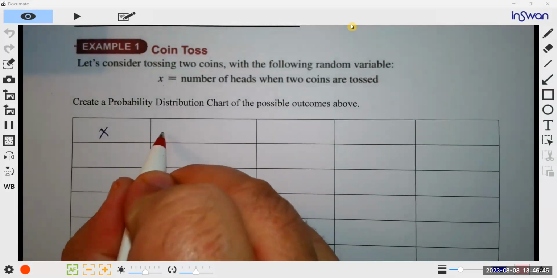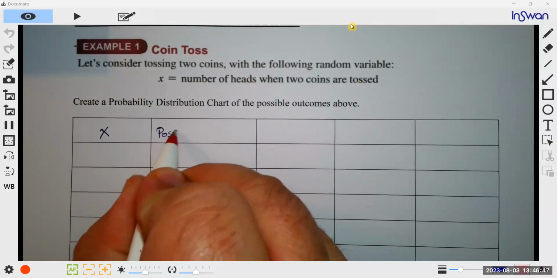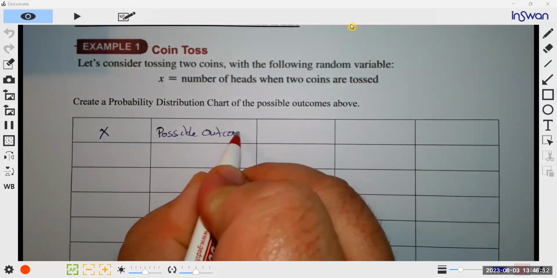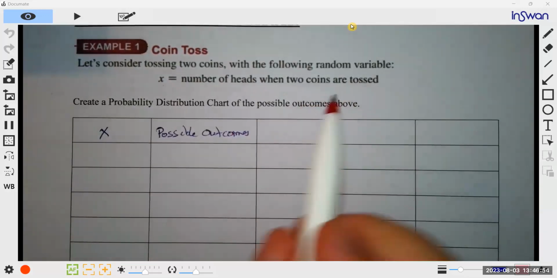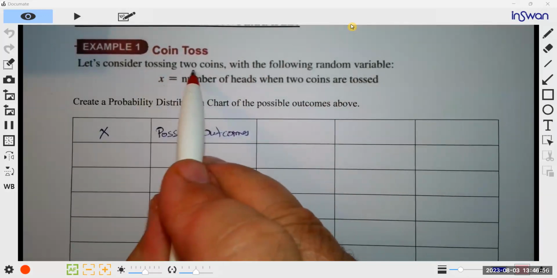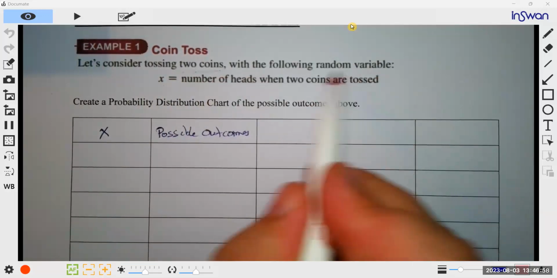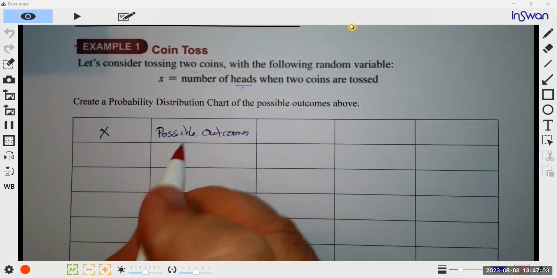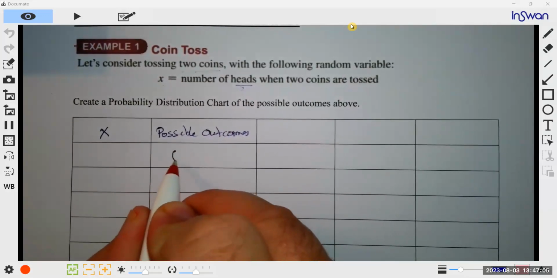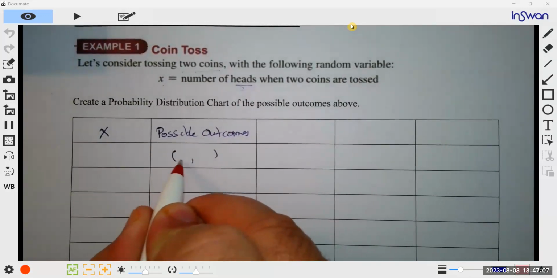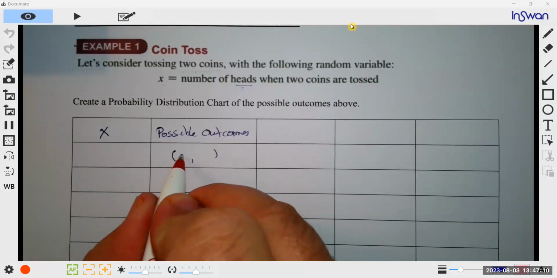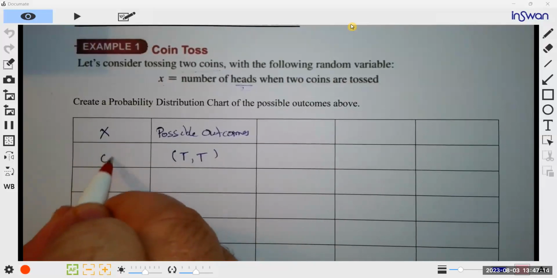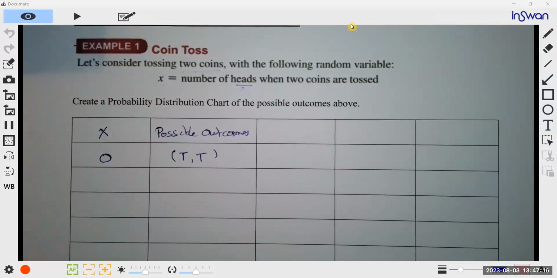Let's look at our possible outcomes. Remember, we have 2 coins being tossed and we're looking for heads. So if you have tossed 2 coins, the first coin, second coin, we can have tail, tail. So there's no heads possible.